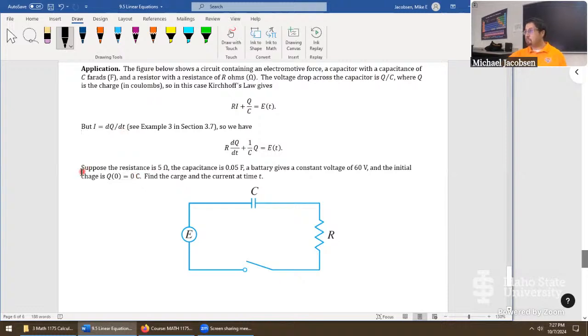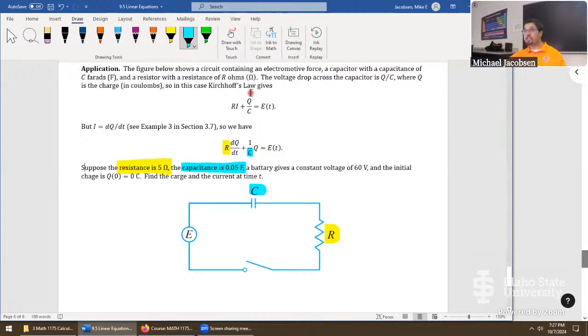Now they go on to say, suppose the resistance is 5 ohms. They were talking about this part of the diagram, which is that part of the differential equation. So we're just going to plug a constant 5 there. The capacitance is 0.05 farads. So that's referring to this part of the diagram. And we're putting a 0.05 right there in the differential equation.